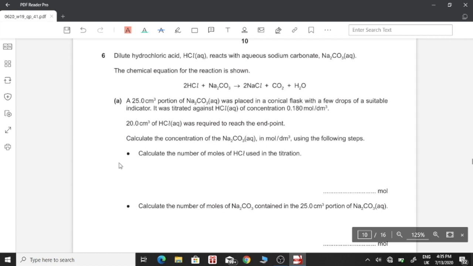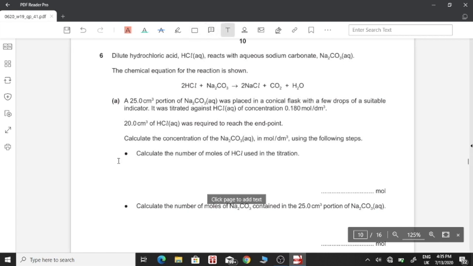So what we do is we divide 0.18 by 1000, and then we multiply this with the volume, which is 20, and this gives us the number of moles as 0.036 moles.